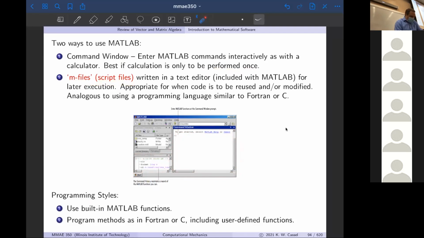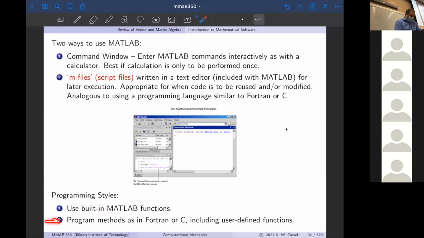So the 2 ways that in this class you would be using MATLAB will be either using built-in MATLAB functions, right? So if you want the inverse, there is a built-in inverse function. You just put in the matrix, say inv of the matrix A, and it'll give you the result. So those are using built-in functions. They're often calling BLAS and LAPACK and so forth.